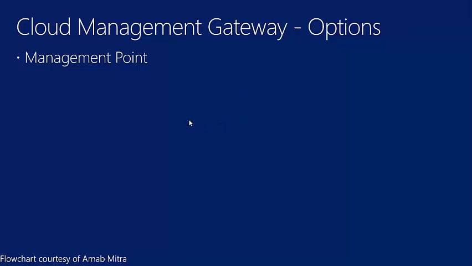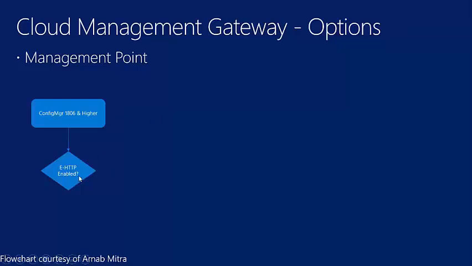Specifically for the management point, if your infrastructure is on ConfigMgr 1806 or higher, then ask the question, do I have enhanced HTTP enabled for my infrastructure? And by the way, if you don't, you should consider turning it on, because it does make things a whole lot easier in terms of configuration.